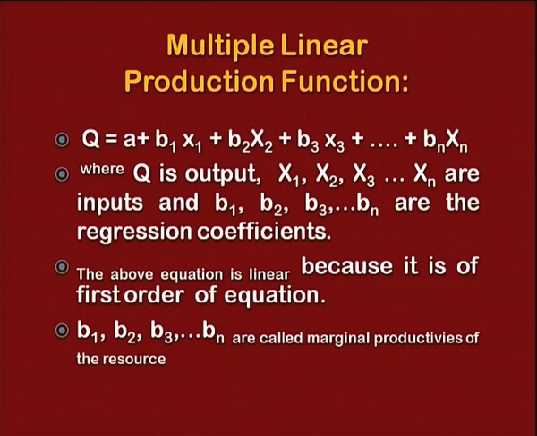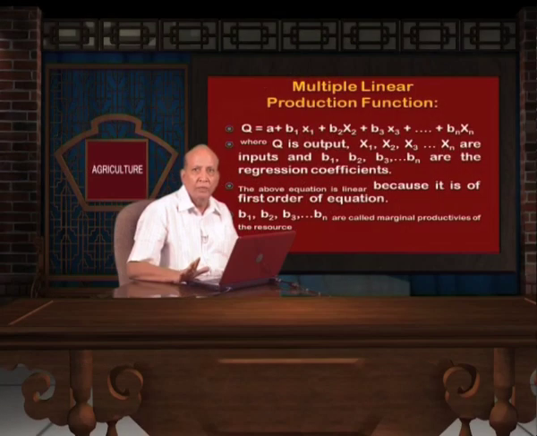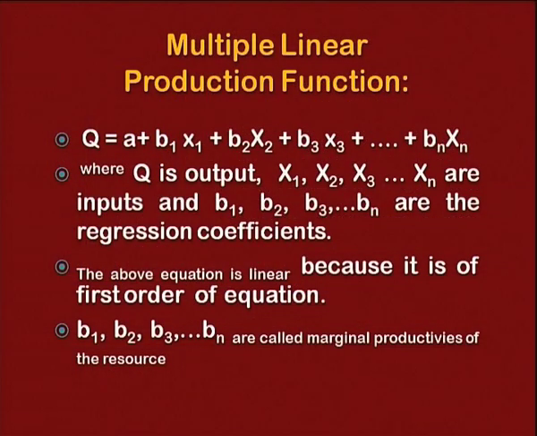With the help of the least square method, we can establish the relationship between these two. The above equation is linear because it is a first order equation. First order means the power of x1 and x2 is 1, so it is called a linear function. As we mentioned, B1, B2, B3 are also called marginal productivities of the resources.